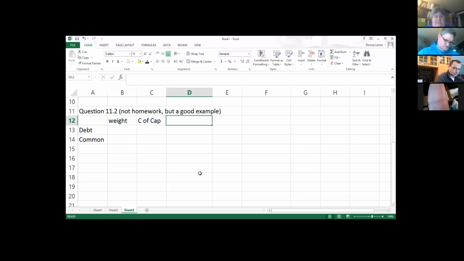Look at our cost of capital. The last sentence in the paragraph of the problem says to assume debt and common equity each are 50% of the company's financing. That's their weights. Half their money comes in through debt financing and half through common stock.